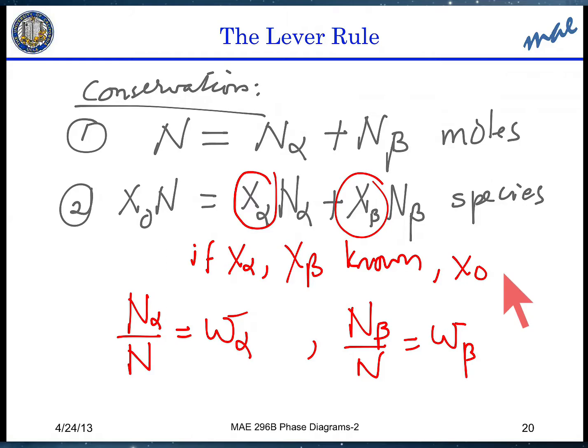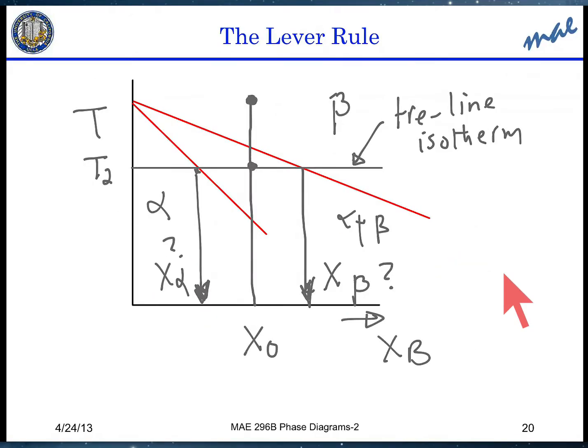So from this analogy with mechanics, I can make a very simple characterization of these two equations. Let's go back here and assume that I have a reaction force, and this reaction force is capital N. And then on these two sides, I have two forces, one is N beta and one is N alpha.